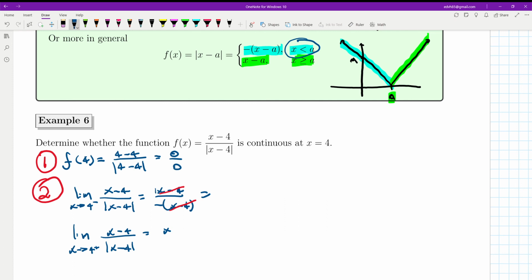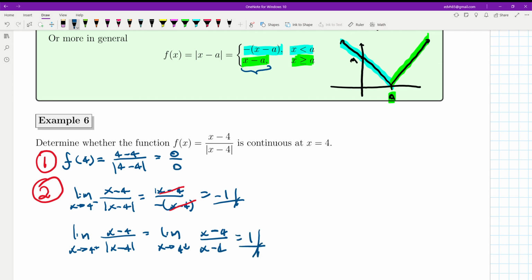Essentially 1 over negative 1, which is negative 1. For the case in which x approaches 4 from the right, we simply get rid of the absolute value bars, and this is equal to 1.